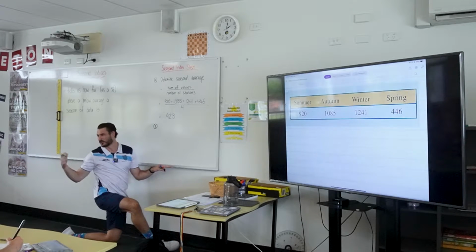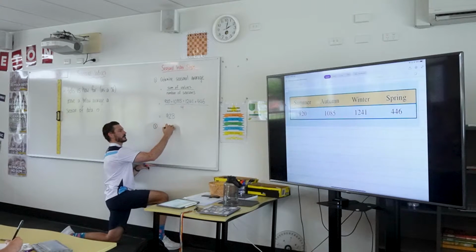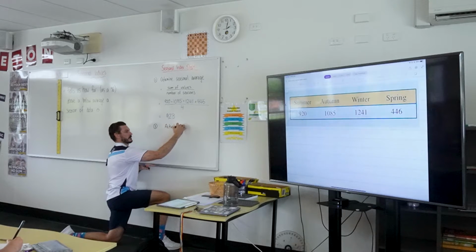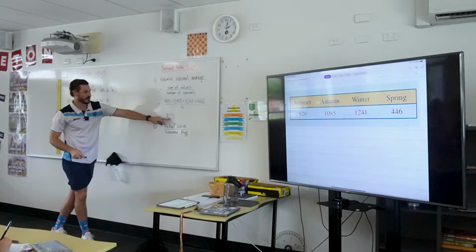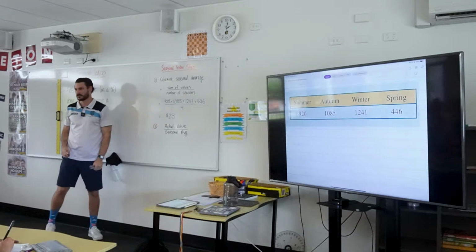So you don't have to write again if you want, but you can. The actual value divided by the seasonal average. This is the seasonal average.